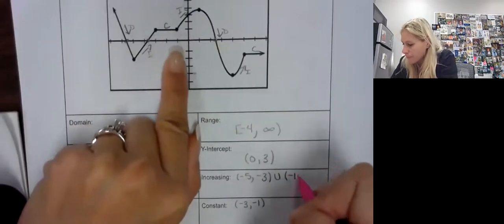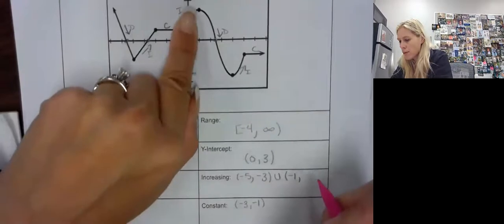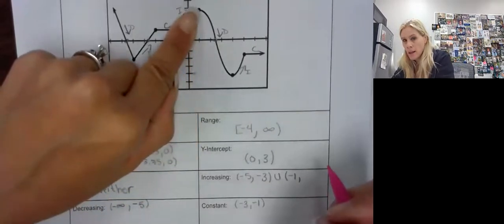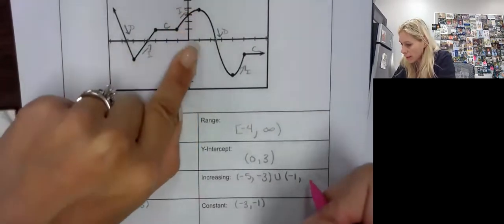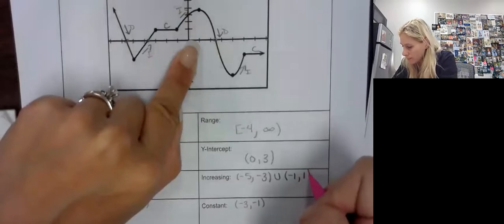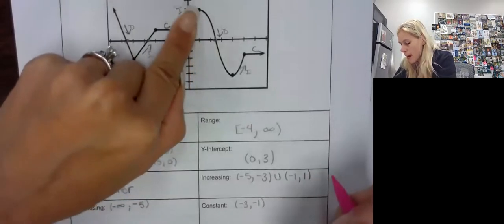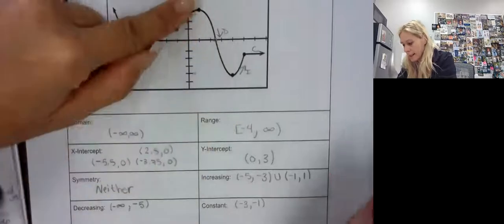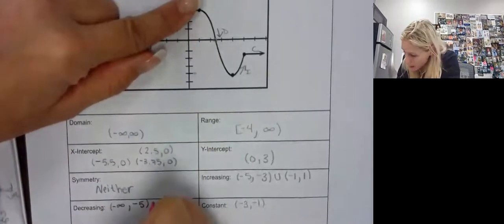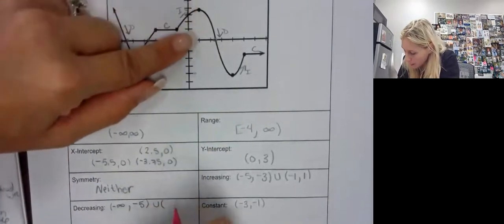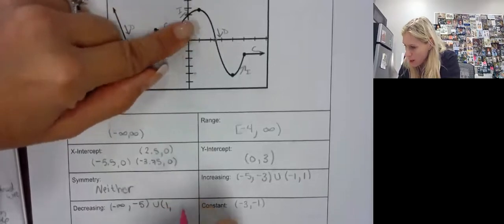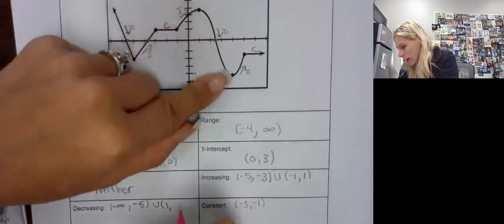So where did we start again? We started at -1 and it increases all the way up here, right? What's that X value? That X value is 1. Then at 1, we start decreasing. So let me go over to decrease. Where are we starting again? We're starting at X equals 1. And we go all the way here.